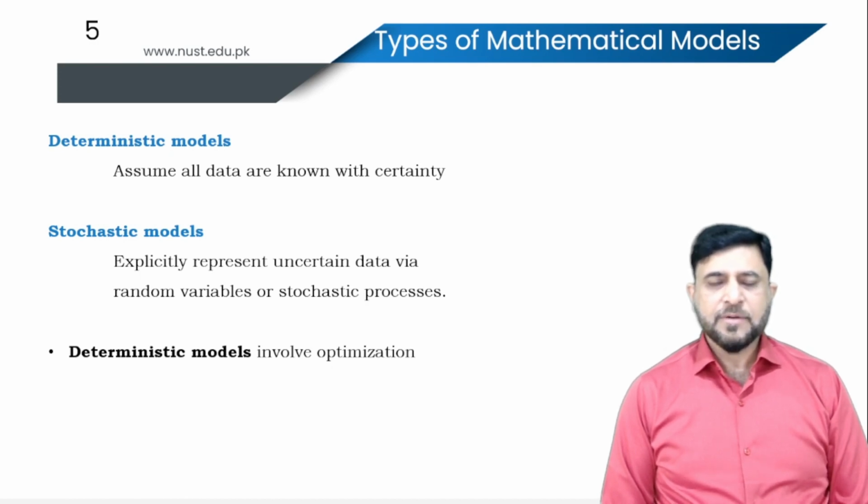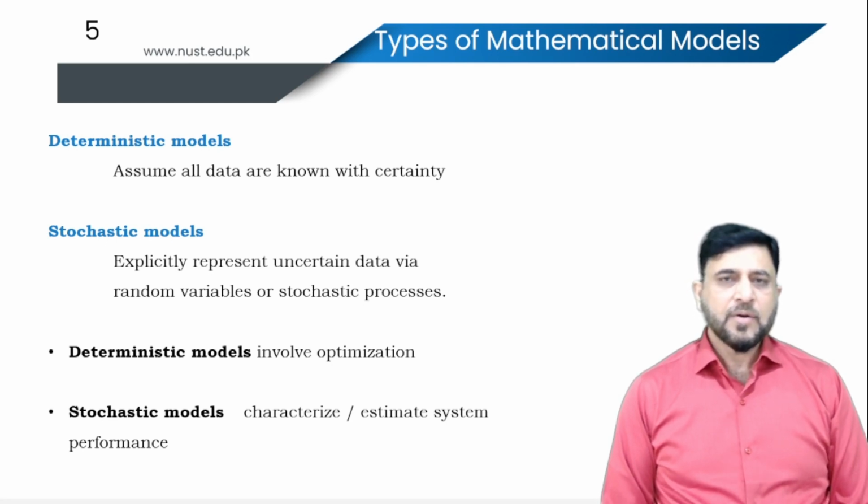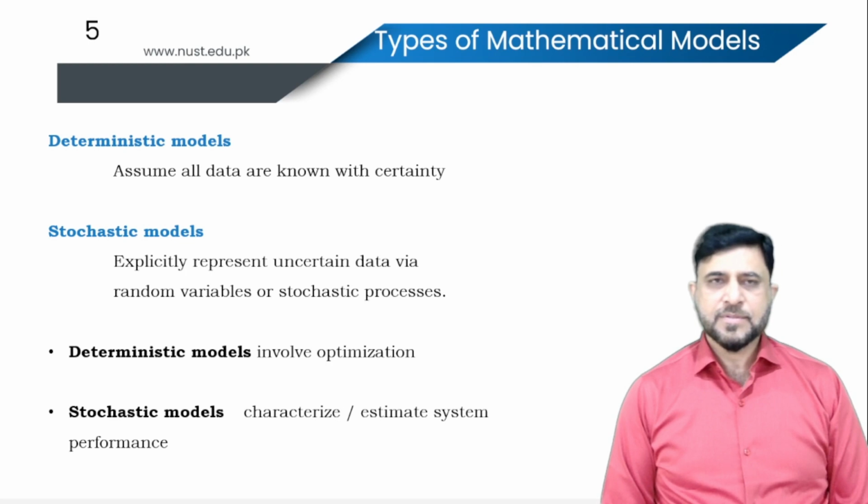Deterministic models involve optimization. So we do optimization with the help of deterministic models where the data is known with certainty. And with the help of stochastic models, we characterize or estimate system performance.